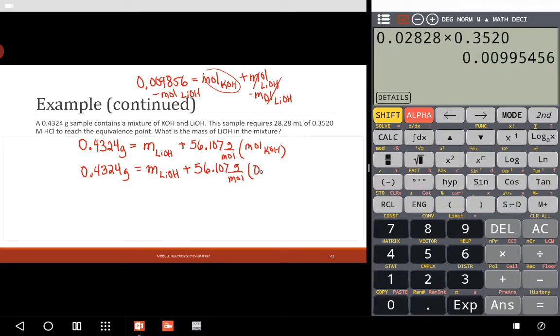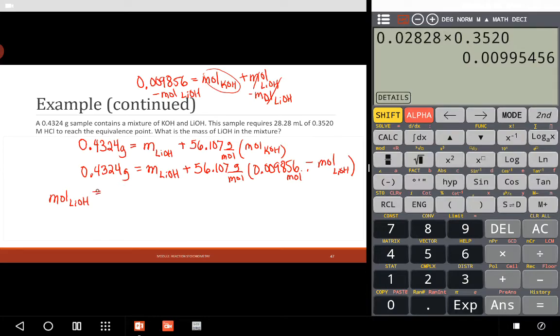And so that's 0.009856. I stored that number in my calculator. And that's moles. And then we're subtracting out moles of lithium hydroxide. Then we can solve for moles of lithium hydroxide in terms of the mass of lithium hydroxide by using the molar mass.